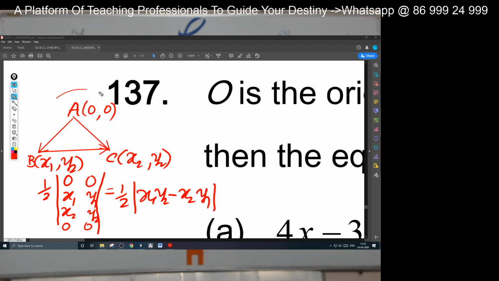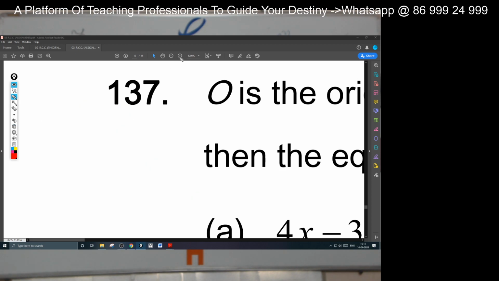When one of the vertices is 0, 0, you can apply the same. That's what he's saying. Good, remember this. If one of the vertices of a triangle is 0, 0, then the area of the triangle is given by half modulus of x1, y2 minus x2, y1.